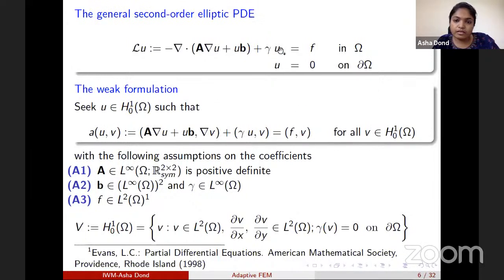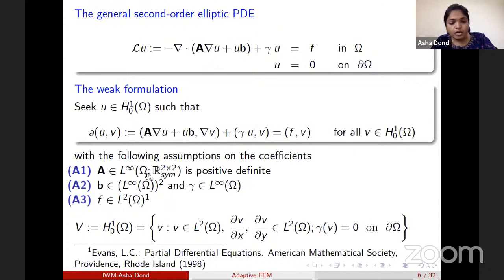We multiply the original problem by a test function v from H10 omega, then take the integration, and use the integration by parts formula so that we shift the derivative onto the test function. In this way, we get the bilinear form: integral of A gradient u plus u b, gradient v, plus gamma u v equals integral of f v.